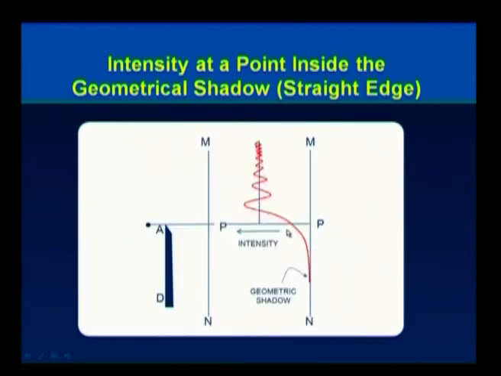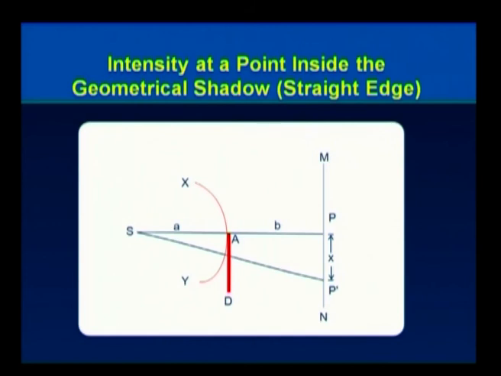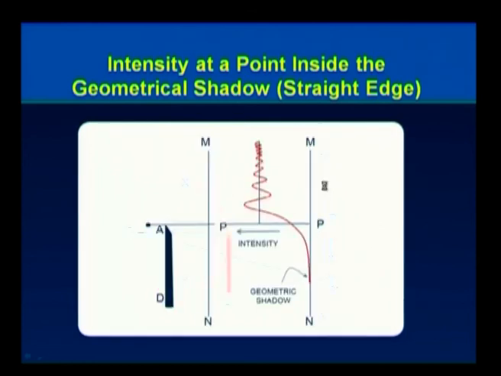Within the geometric shadow there is some intensity, unlike what you would have expected according to earlier theories. And again above P you do not have uniform brightness against the older theories. You get a pattern wherein the intensity starts changing. They are the so called diffraction bands.